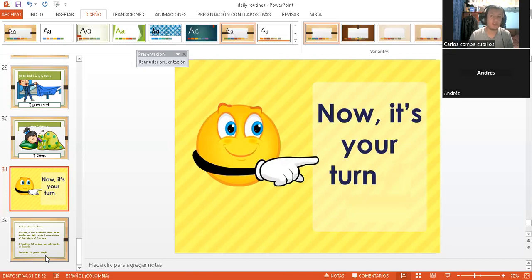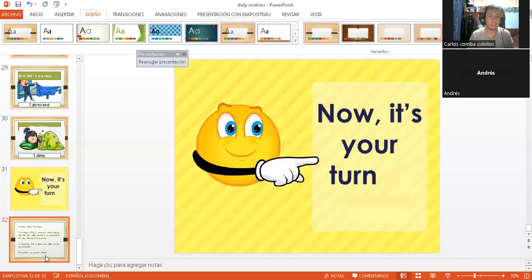For example, I take my breakfast at 7 a.m. or I take my lunch at 12 p.m. We also play with the morning, the afternoon, the evening, and at night to explain some activities. Now it is your turn for this activity.